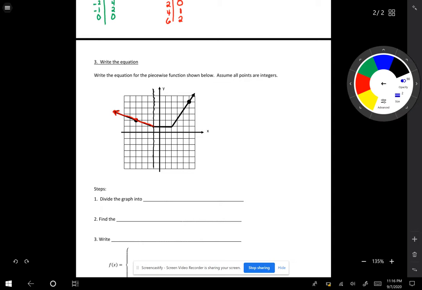The next part is a horizontal segment. So the slope is 0. And so I'm going to draw another. And then lastly, you can see the slope is increasing. There you go. And so the first thing you would do is you would divide the graph into 3 sections or 3 graphs.